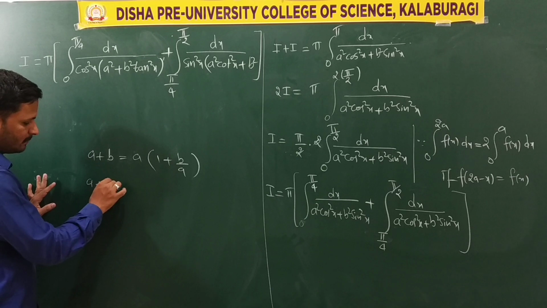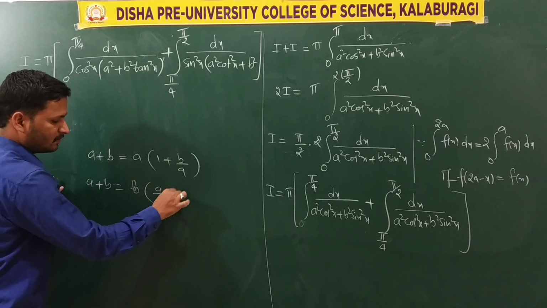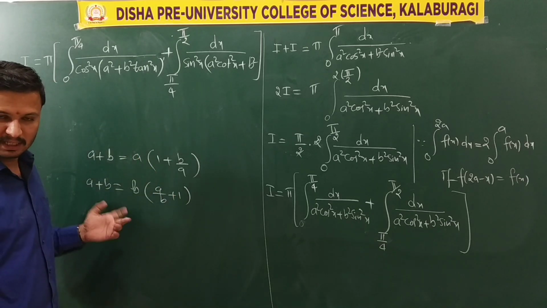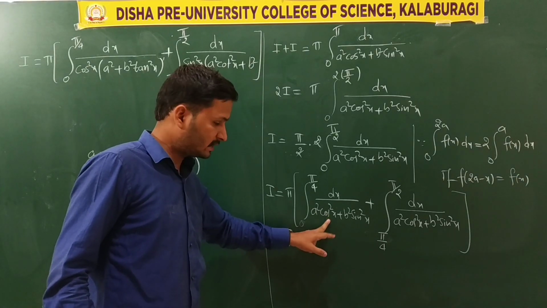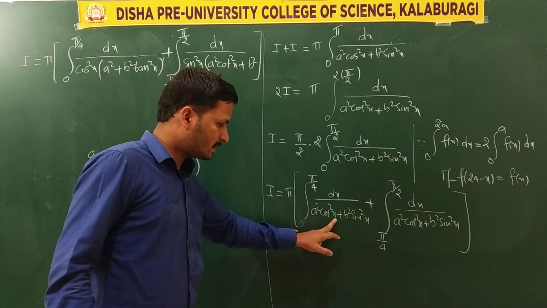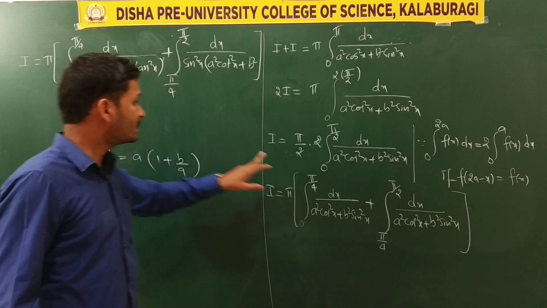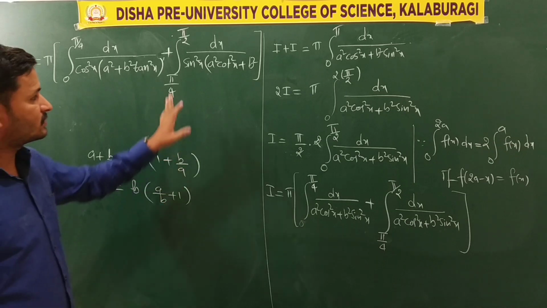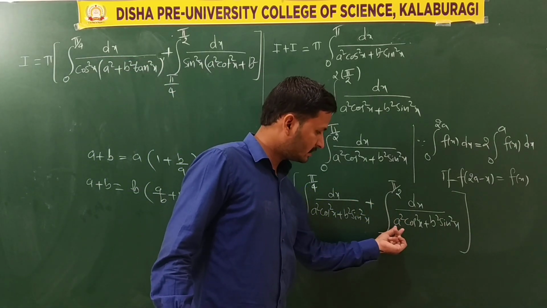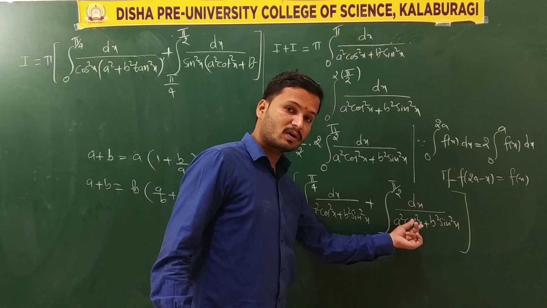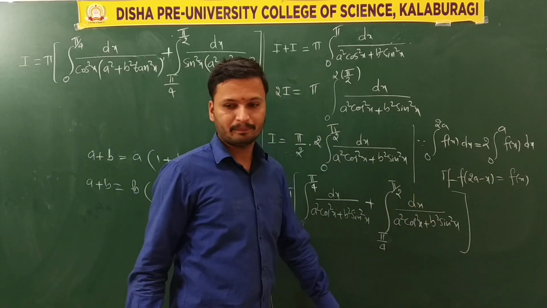Similarly, from a plus b, on taking b common, we get b times a by b plus 1. So here, on taking cos square x common, we have a square plus b square into sin square x by cos square x, which is tan square x. Similarly, on taking sin square x common, the remaining is a square into cos square by sin square, that is cot square x, plus here only b square.